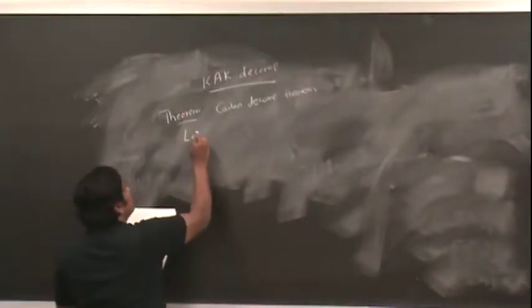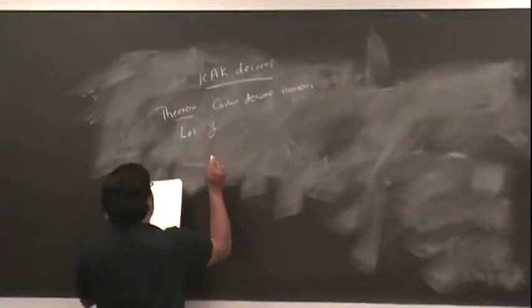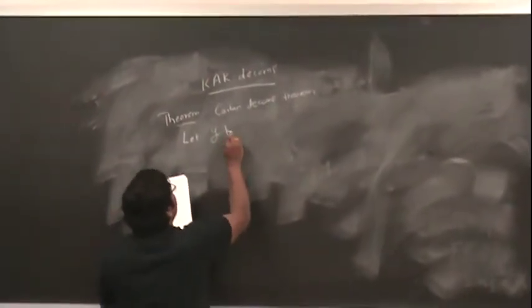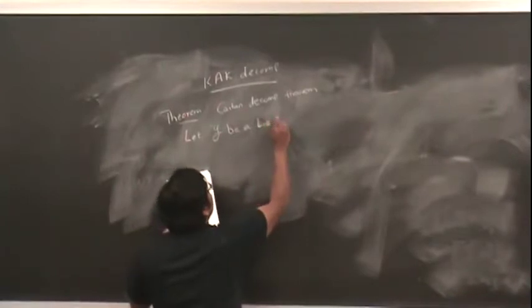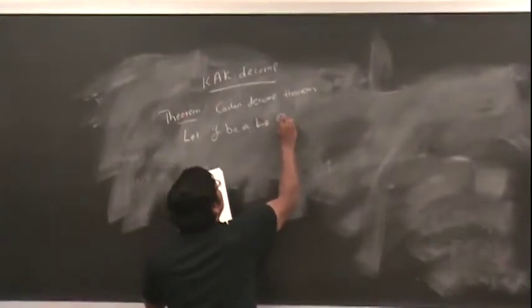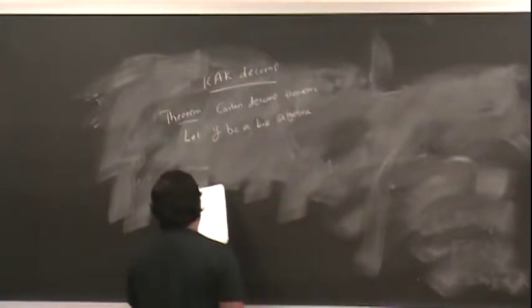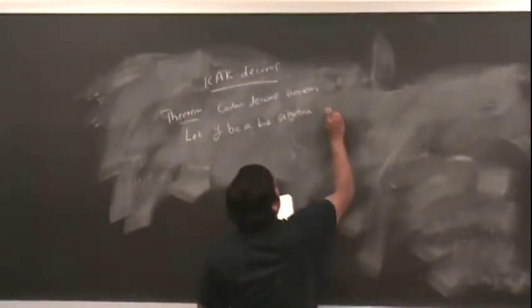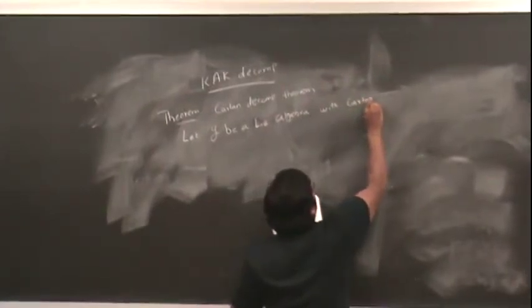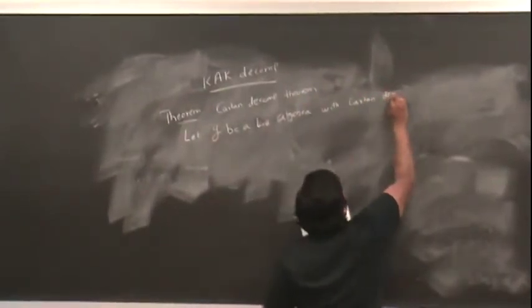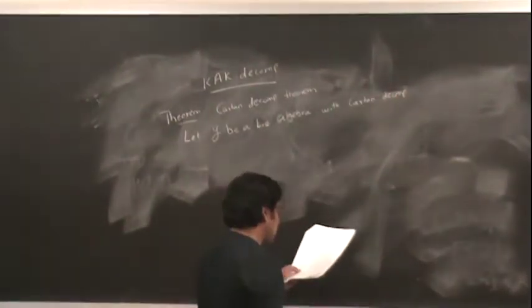So let G be a Lie algebra with a Cartan decomposition, the way we defined just now.